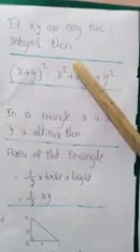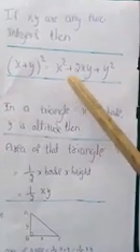Those two formulae are: the first one is, if x, y are any two integers, then x plus y whole square is equal to x square plus 2xy plus y square. This is the first formula you have to remember.